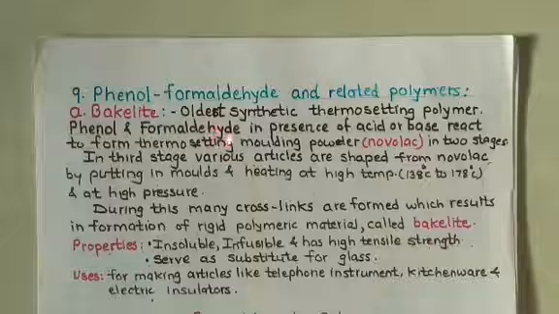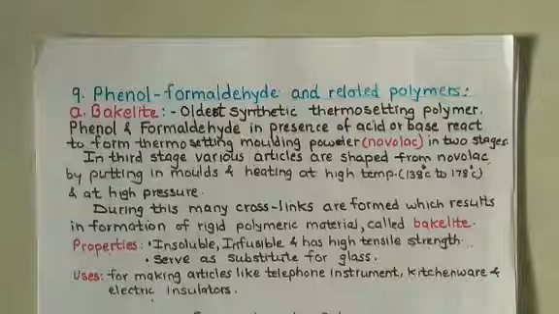Phenol and formaldehyde in the presence of acid or base react to form a thermosetting molding powder, which is known as novolac, in two stages. In the third stage, various articles are shaped from novolac by putting in molds and heating at high temperature, about 138 to 178 degrees Celsius, at high pressure.